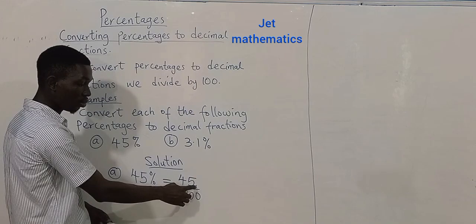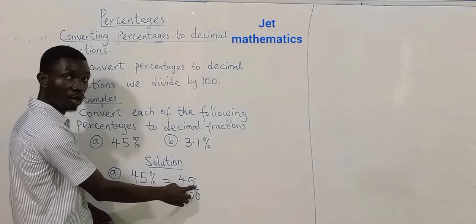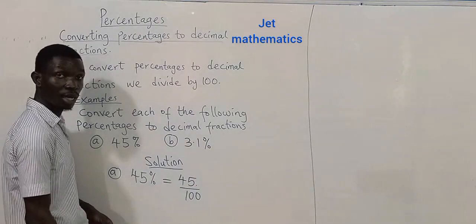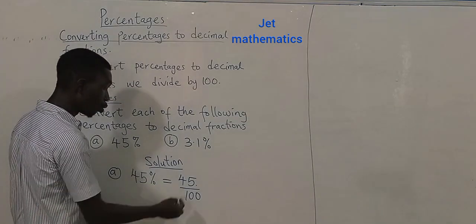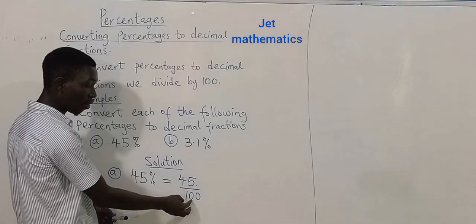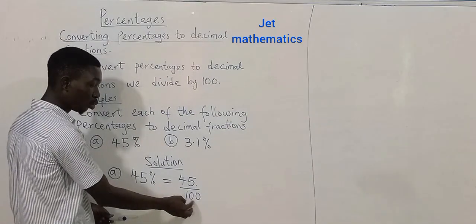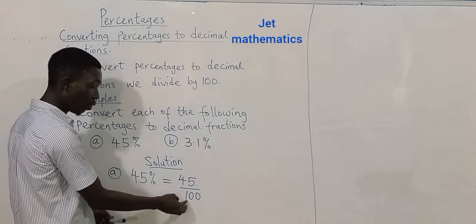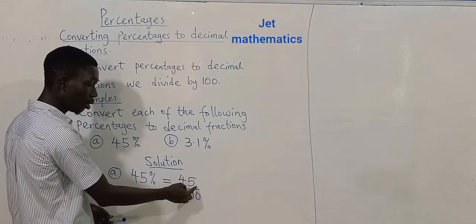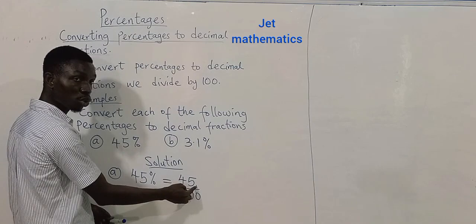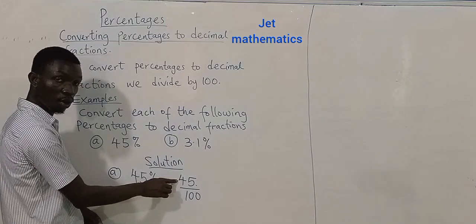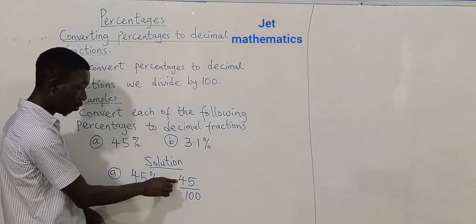To convert this to a decimal number, we count the number of zeros we have at the denominator. For 100, we have just 2 zeros. So we are going to take the point from here backwards 2 steps. Go 1, 2, and the point will fall before 4.